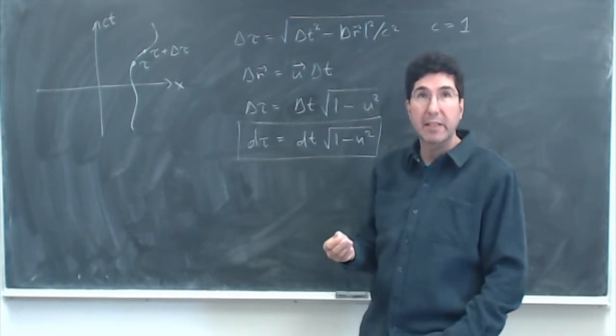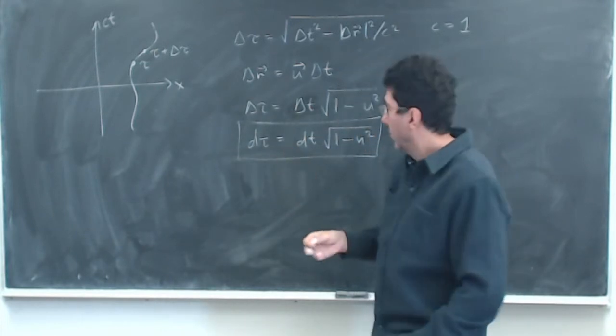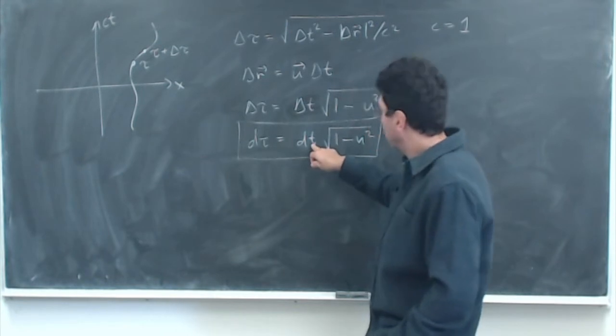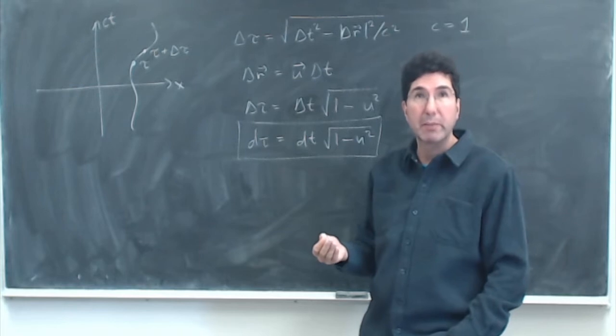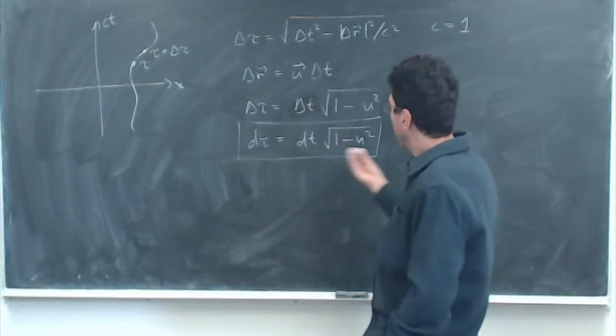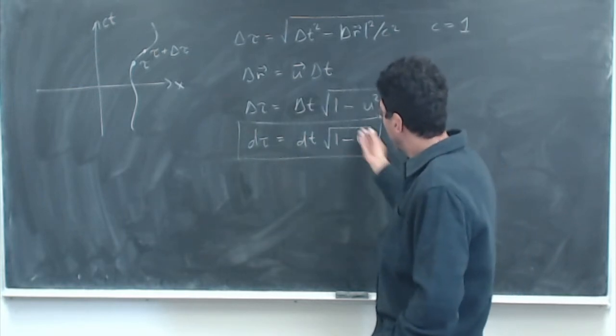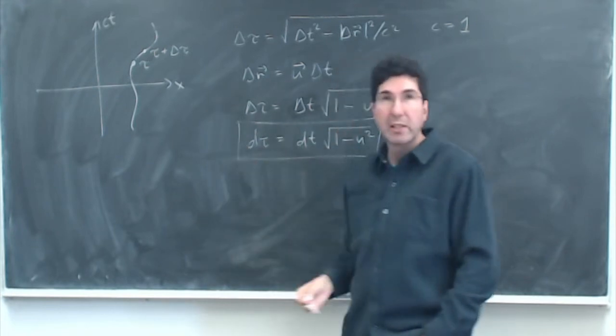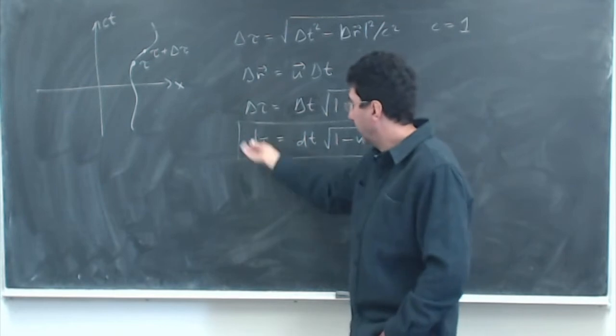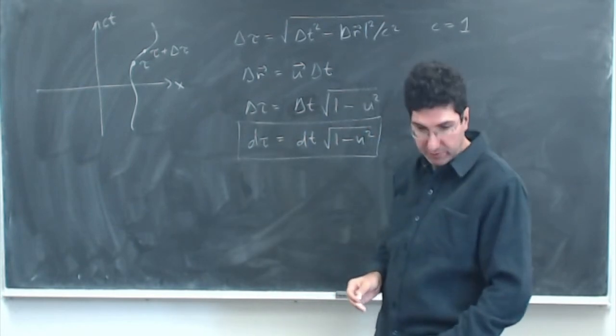That is the same in every reference frame. Whereas dt depends on the reference frame, and u, the ordinary 3-velocity, also depends on the reference frame. So this formula relates things that we're used to, that are defined in terms of a reference frame, to a more enlightened special relativity quantity that is independent of the reference frame.